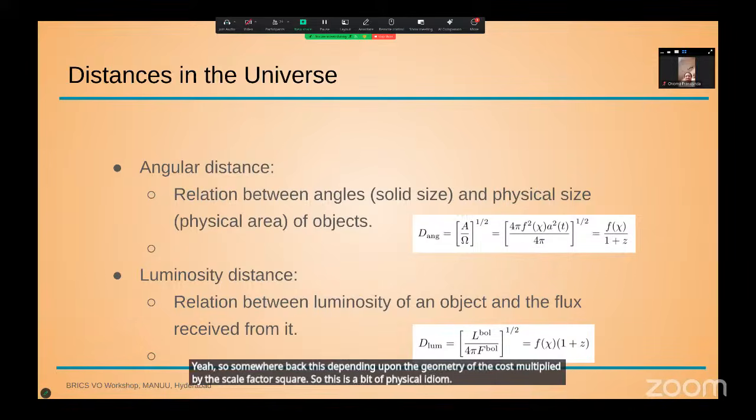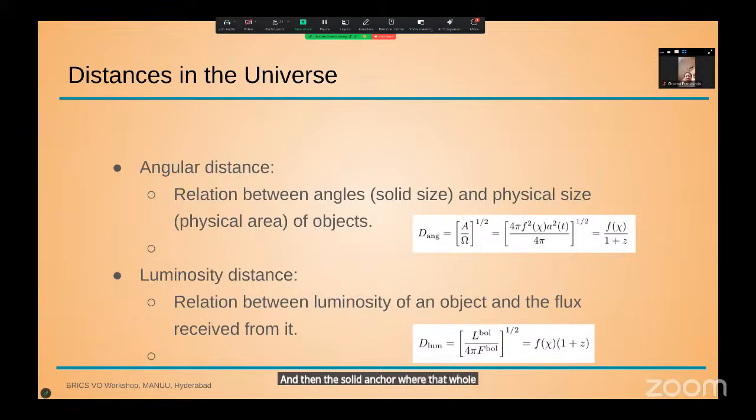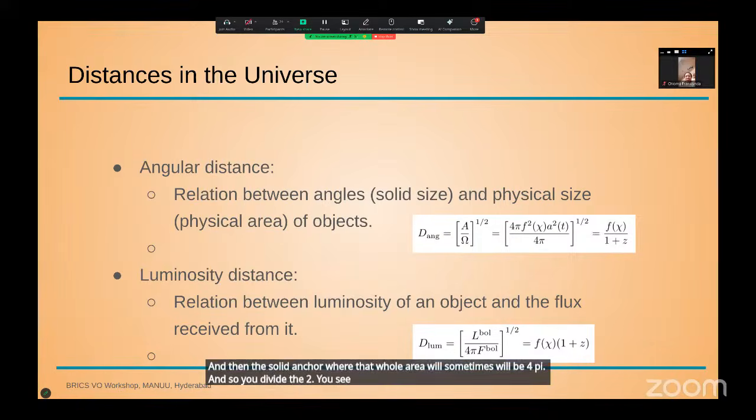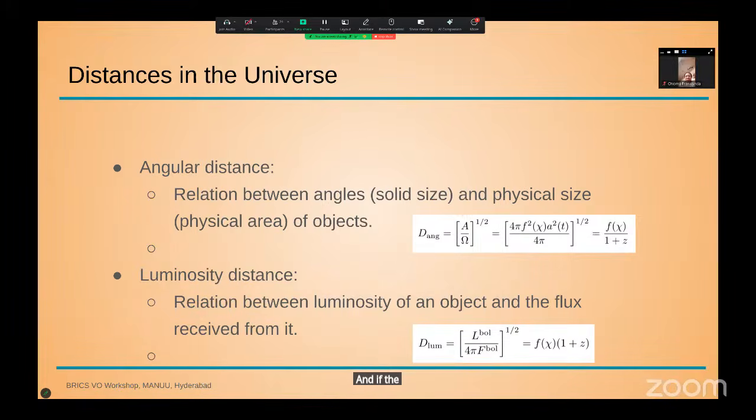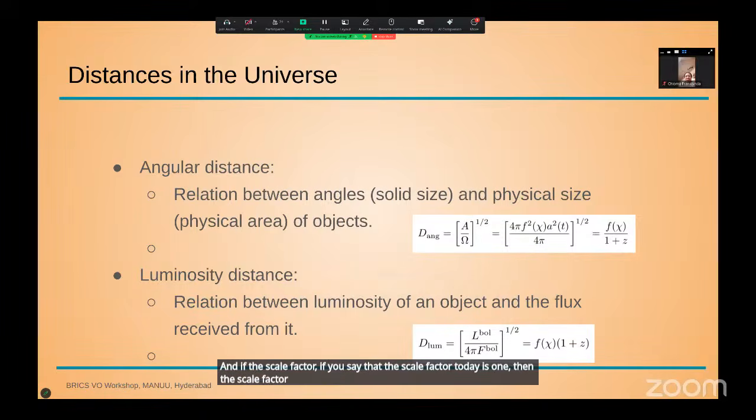And then the solid angle that whole area will subtend will be 4 pi. So you divide the two, and you see that the angular diameter distance is some f of chi multiplied by a of t. And if the scale factor today is 1, then the scale factor at any other time is 1 divided by 1 plus z.